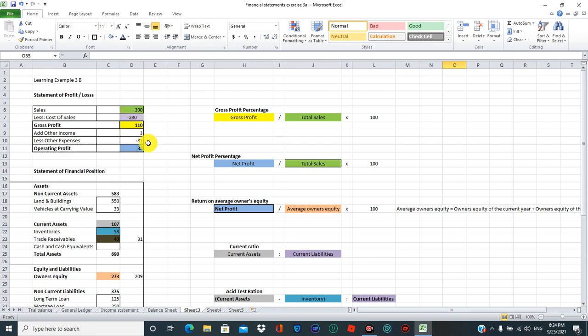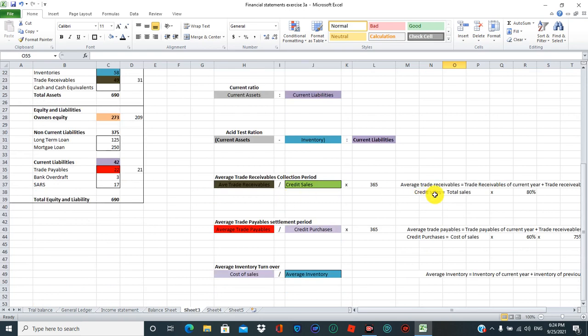Now, if you don't know where that 80% comes from, if you look at page 96, they basically tell you there that 80% of all sales are on credit. So that's where you get that from. And there they also give you that 75% of purchases are on credit. So you just need to use that percentage in the correct formula.